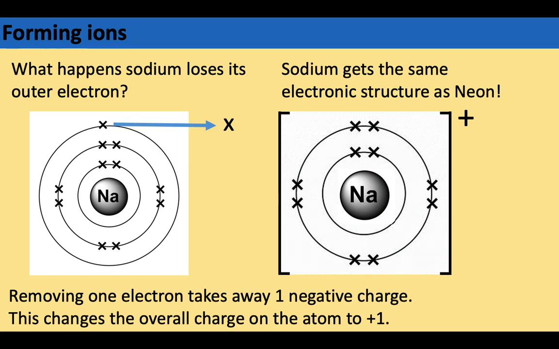Now, if you were to add 2 electrons to an atom, or take 2 electrons away from an atom to form its ion, then you need a 2- charge or a 2+ charge, depending on what you do. So you need to think about how many electrons you are adding and taking away from your atom when you are forming your ion. But the idea is that they always want that full outer shell.